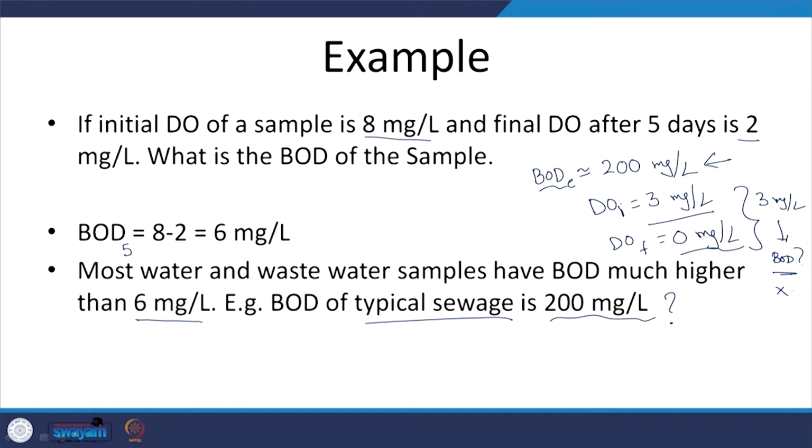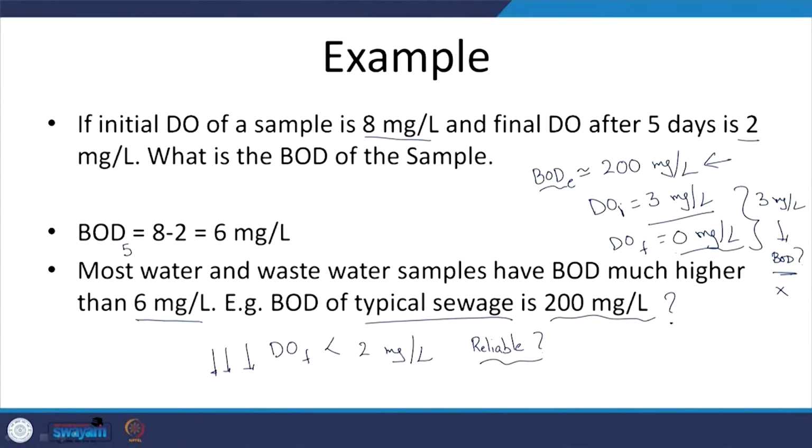Also, two aspects to keep in mind: if the final DO is less than 2 milligram per liter, the test is not reliable. Why is it not reliable? Because if the DO is too low, the kinetics we presume when analyzing the growth of the microbes are not valid. The kinetics are going to be affected.